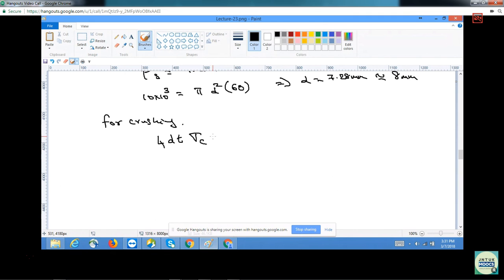Sigma c is equal to 10 kilonewtons. So 4 into d into 3, and crushing is 120, and that implies d is equal to 6.94. So this is also fine for us because we are applying 8 mm. So we will take it as 8 mm.